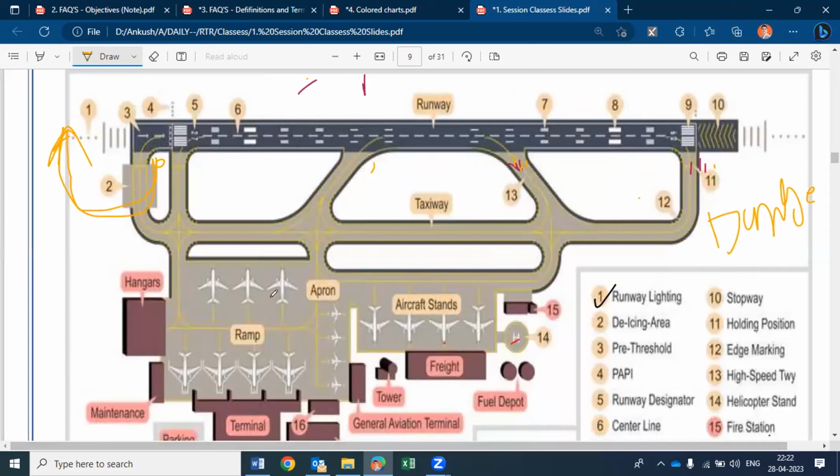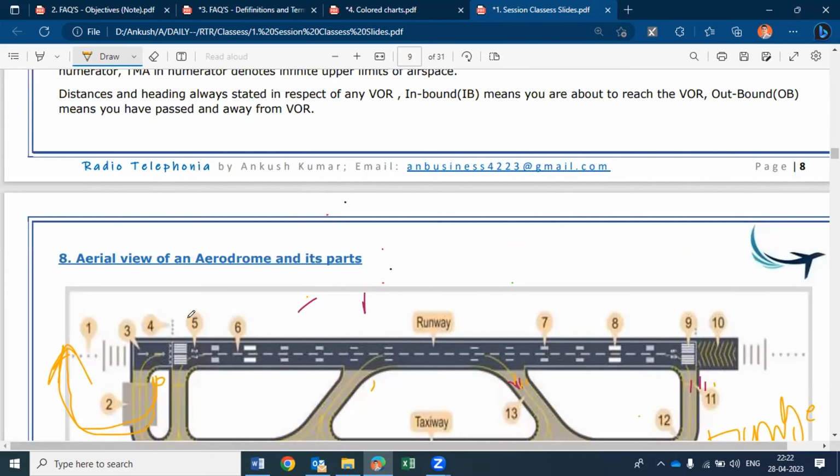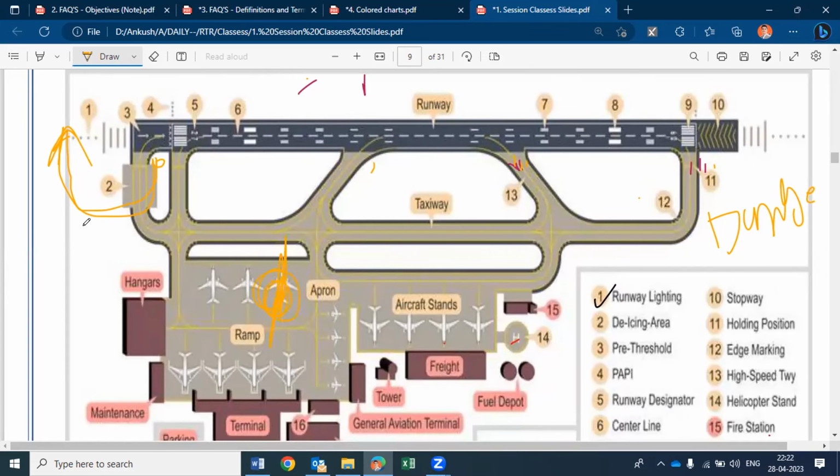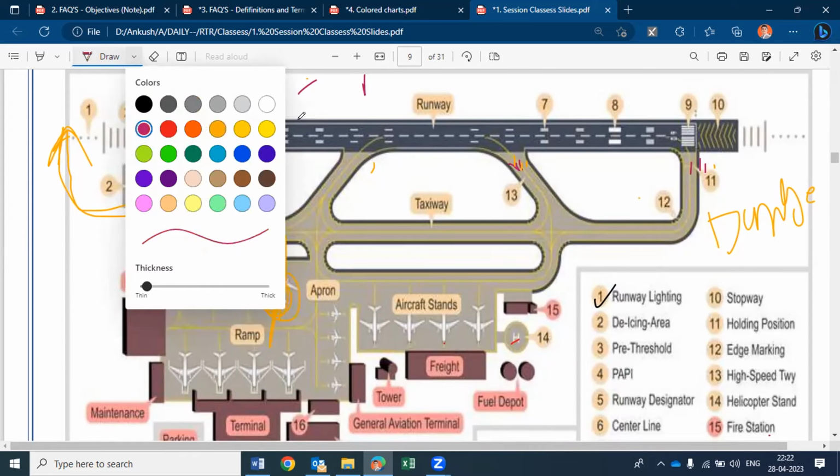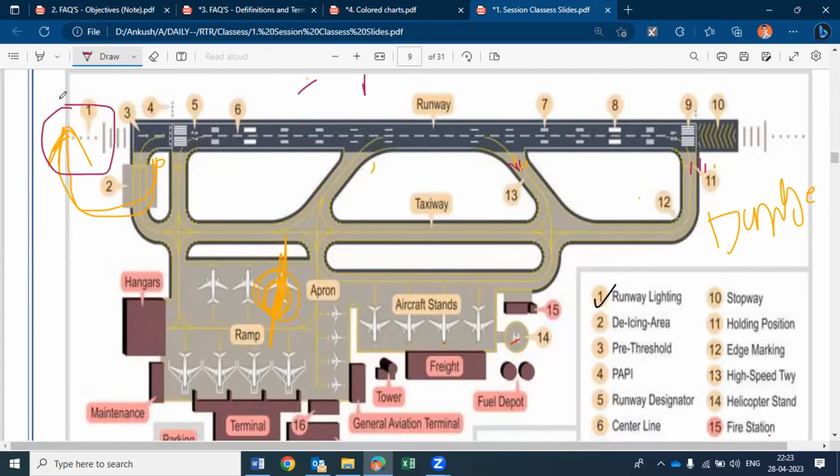Ground run you can make on apron. Ground run means you can start the engine and make some checks on apron at idle power, but high pressure engine run can be performed in the dumbbell area only. So dumbbell area you may see in the far end of runway.